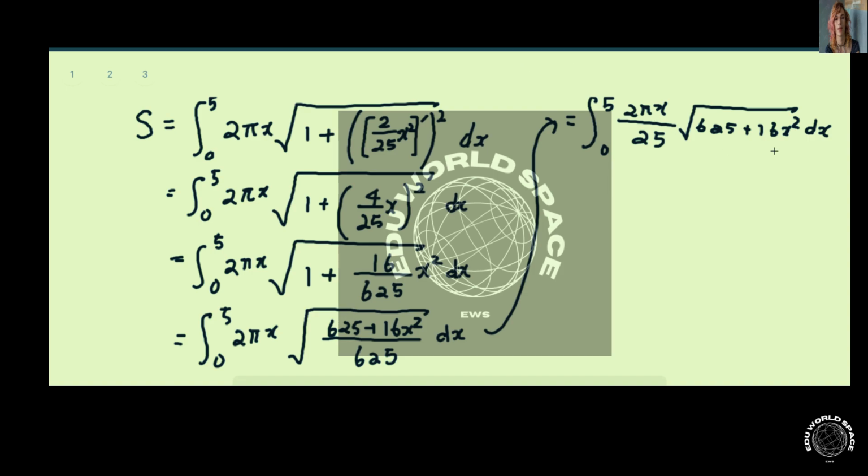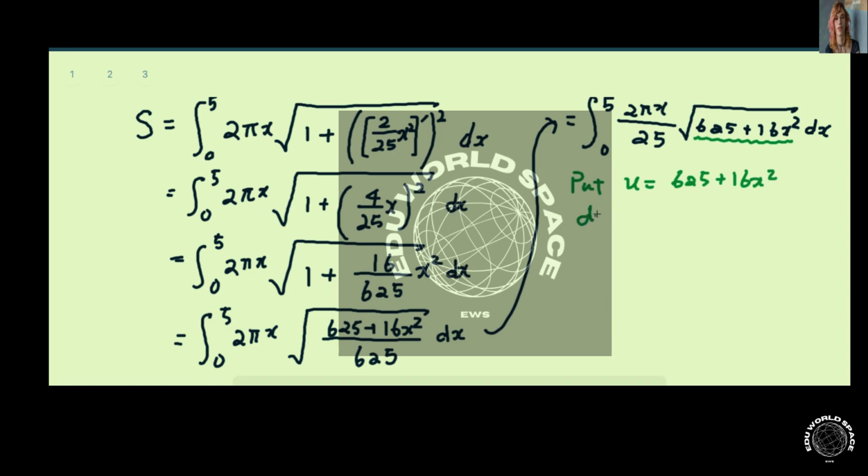Now, this is a little complicated, but remember we need to use the substitution technique to solve this integral. So let's put this radicand as u. So now put u equals 625 plus 16x squared.